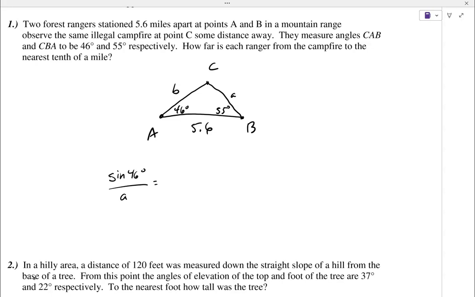Oh, I guess I do need to find the other angle, don't I? So I guess it really does ask you to solve the whole triangle. What did you get for the other angle? What would you do? Good. 180 minus the sum of the other two.